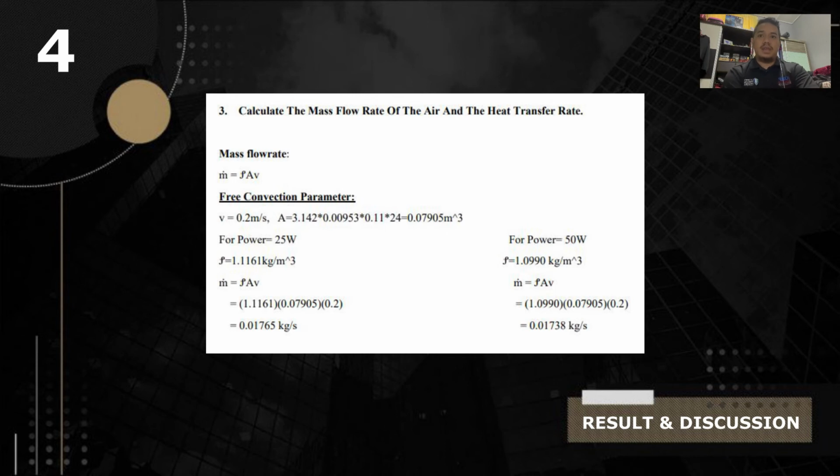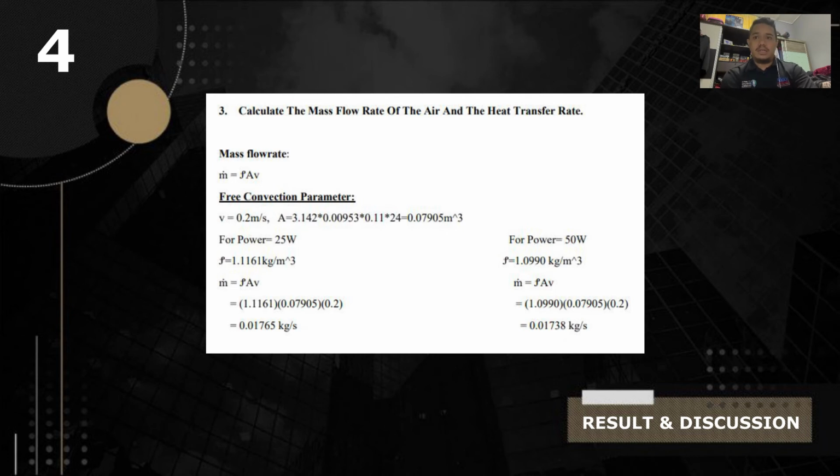For the third question, calculate the mass flow rate of the air and the heat transfer rate. Okay, for the mass flow rate, we use the formula m dot equal to rho A V. For the free convection parameter, we use V equal to 0.2 meter per second, and the area we use is 0.07905 meter squared. We use a sample example for power 25 watt.